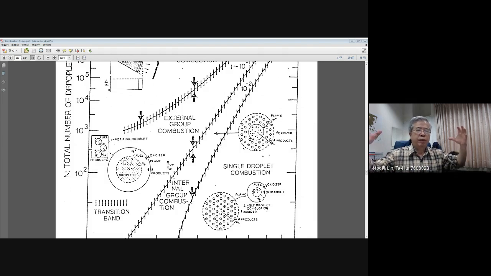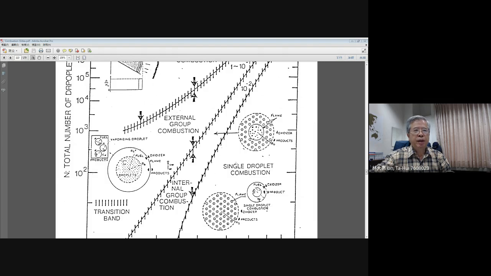When the diffusion flame moves into the spray cloud, as the passage of the diffusion flame moves into the interior, ignition of single droplets may happen. Then you will have so-called internal group combustion.